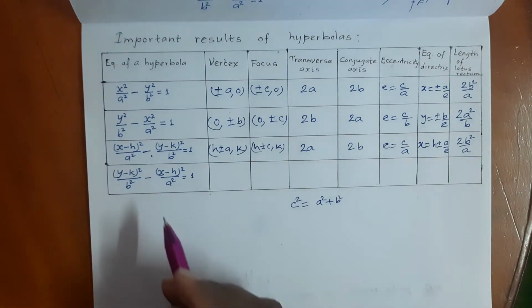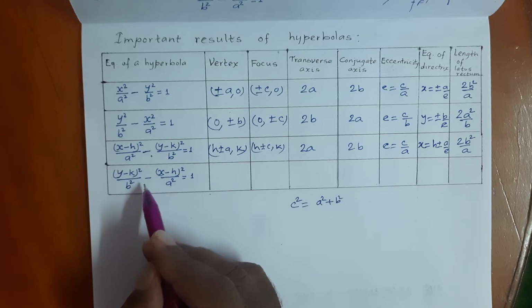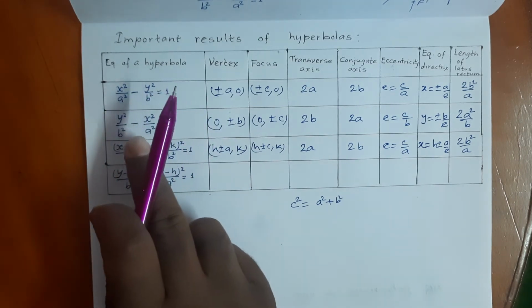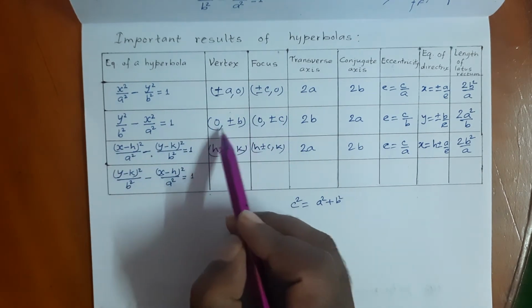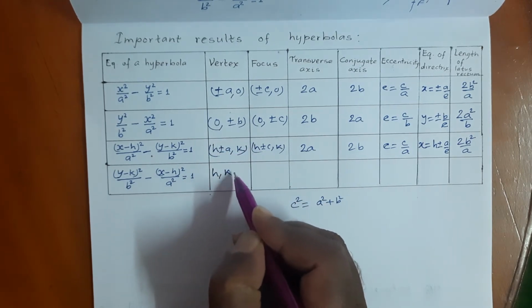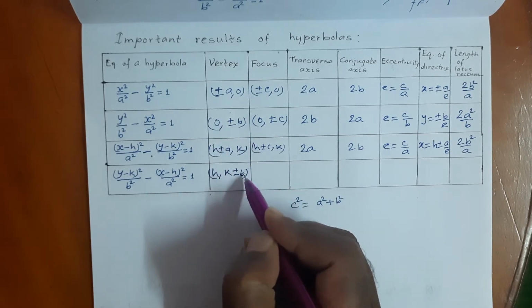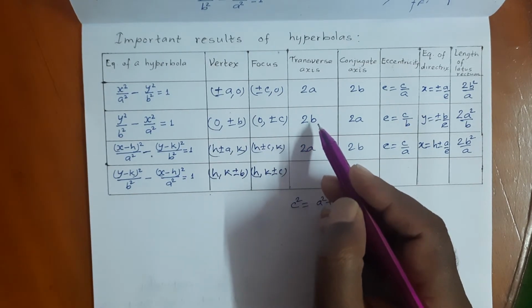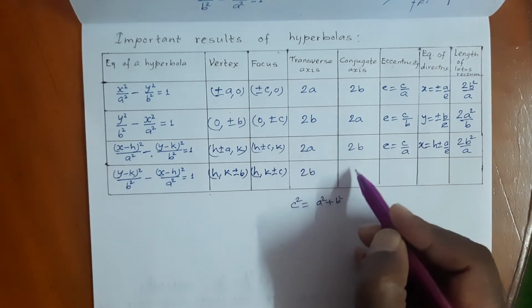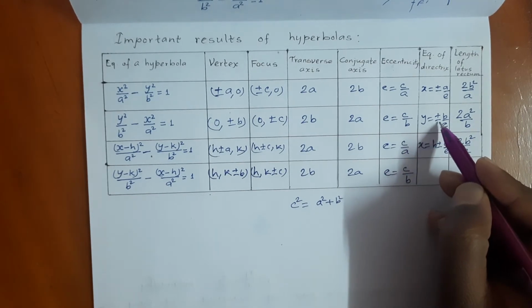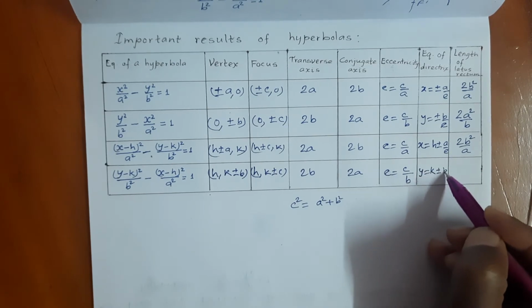And when the transverse axis is parallel to y-axis, in this formula we just have to add h and k, then we will get coordinate of the vertices, that will be h, k plus minus b, and here adding h, k in this we will get coordinate of the foci h, k plus minus c, and this transverse axis length will be same 2b, conjugate axis length is also same 2a, eccentricity formula also same, equals to c over b, and here we have to add k, y equals to, it will be k plus minus b over e.